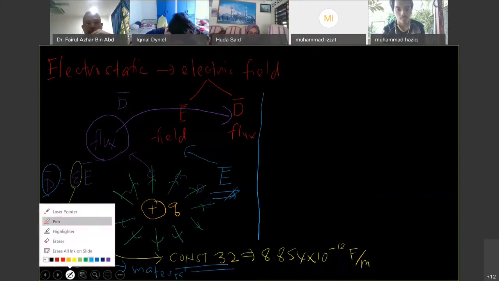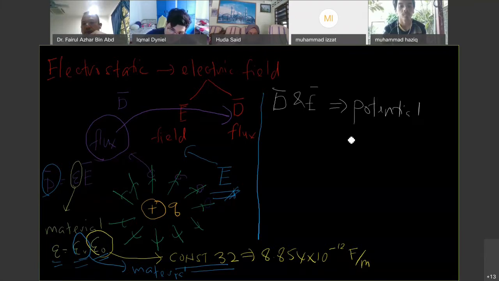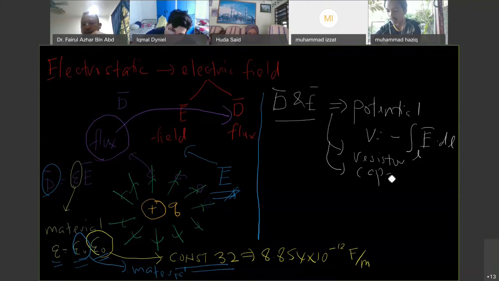From the expressions that we get for vectors D and E, we can calculate the potential difference, where the potential difference V is equal to minus the line integral of E dot dl, for example. And from D and E as well we can calculate the value of the resistor, the capacitor.